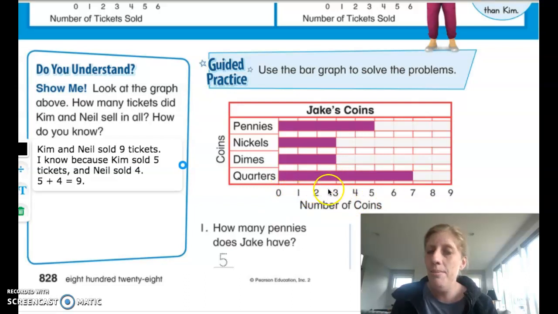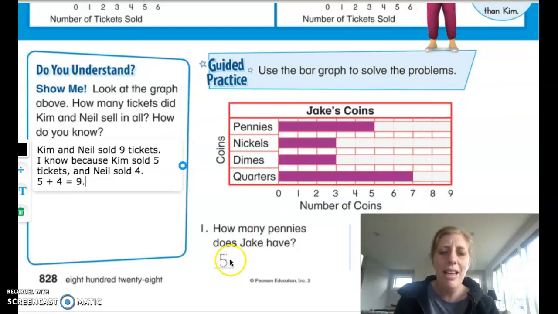And again, we're counting by ones, so each box represents 1 coin. So this graph tells me that Jake has 5 pennies. He has 3 nickels, he has 3 dimes, and he has 7 quarters.